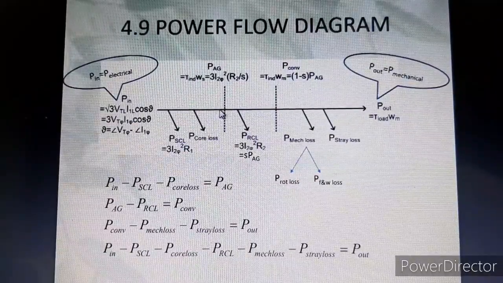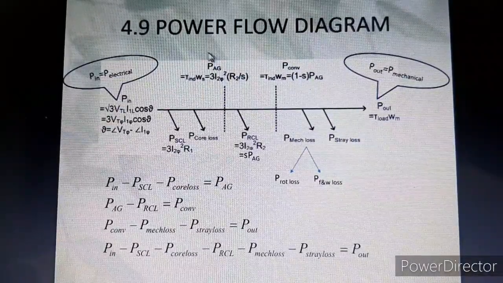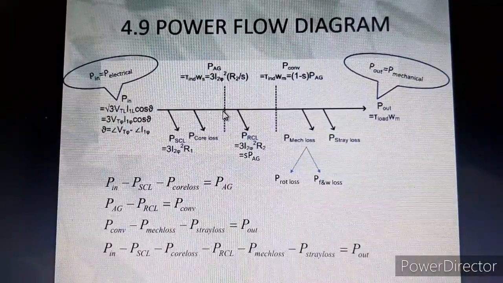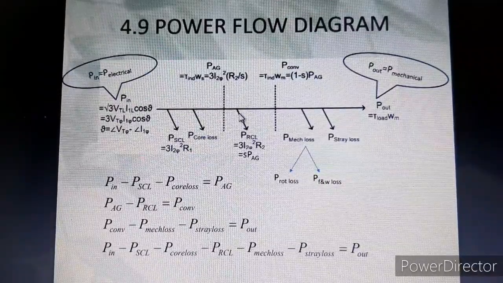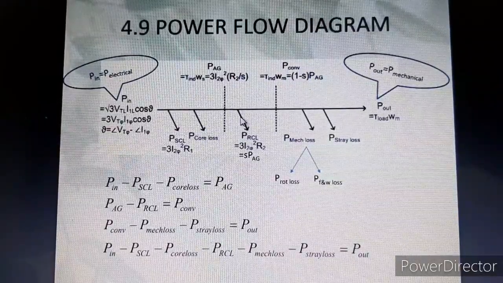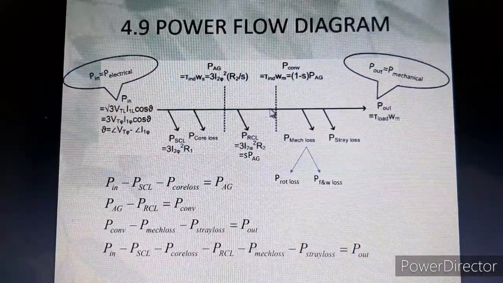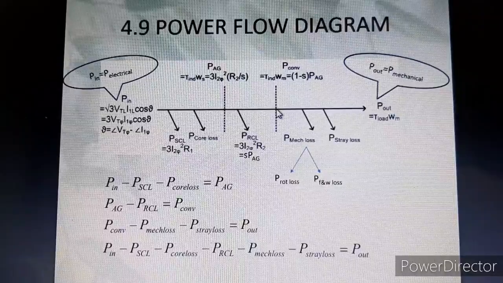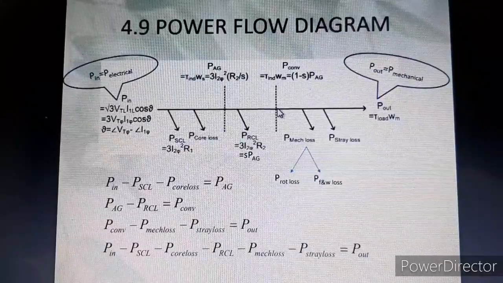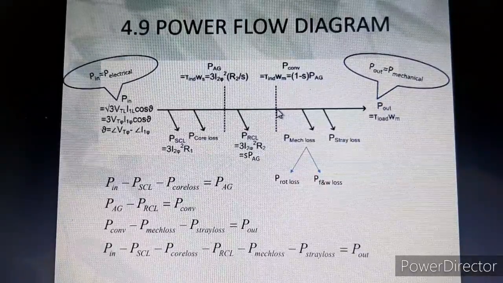At this point, your P air gap is 96 watt. Moving forward, you have another 2 watt of PRCL loss, so 96 minus 2 leaves you with 94 watt. So P converted is 94 watt.